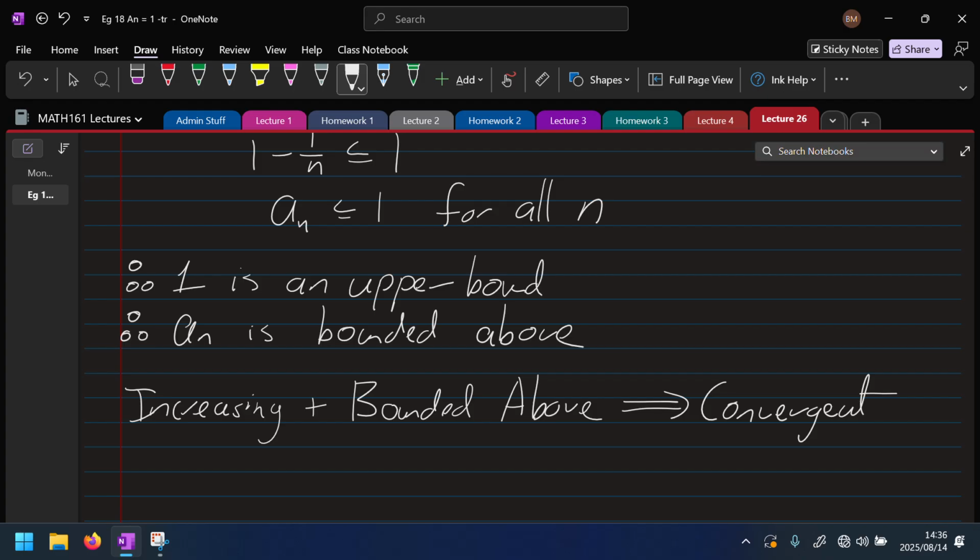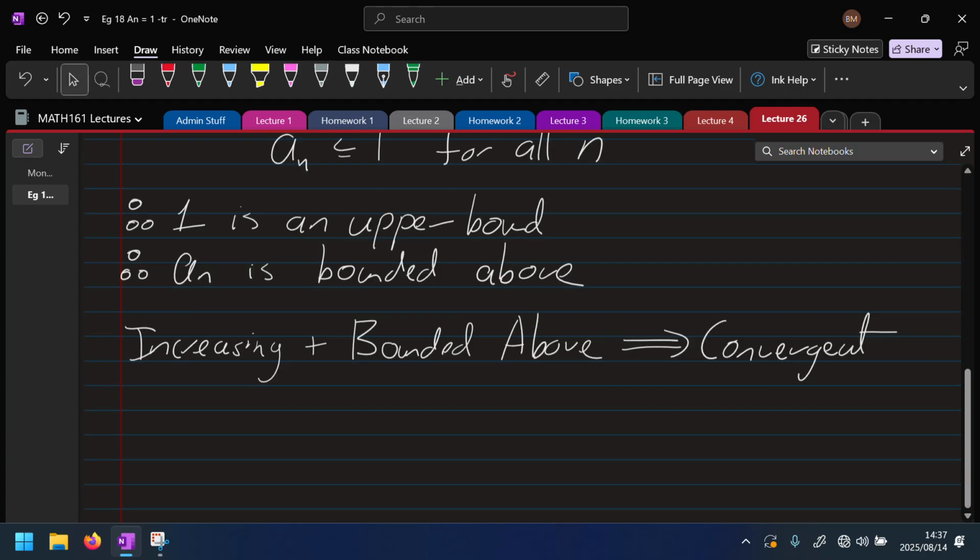In this case, we do know what the limit is. It's going to be 1. If we take the limit, it will be 1. But we don't care about that. We just want to know if it is convergent or not. All right, any questions on this one?